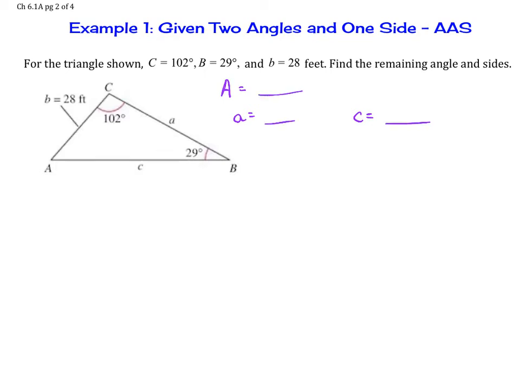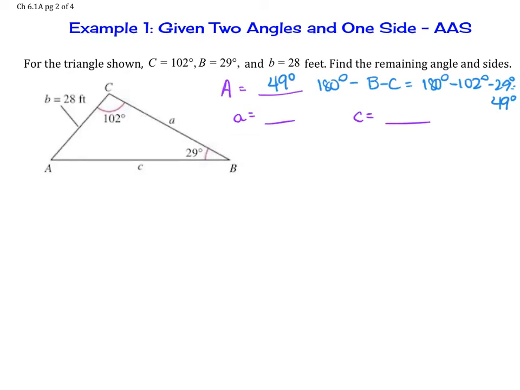So for A, what we're going to do is take 180 minus B minus C. So that's 180 degrees minus 102 degrees minus 29 degrees. And therefore, A will equal 49 degrees.